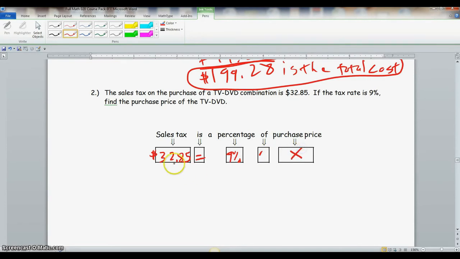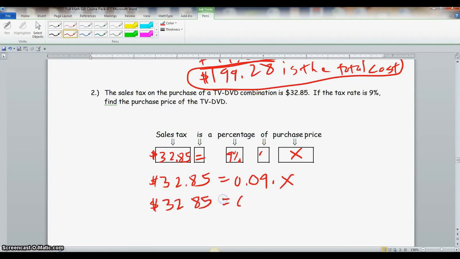We don't know what the purchase price is. So it'll be $32.85 is equal to, we'll change this 9% to a decimal, which is 0.09 times X. So $32.85 is equal to 0.09X. So we'll divide each side by 0.09.